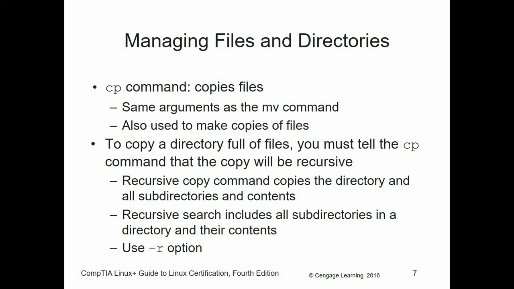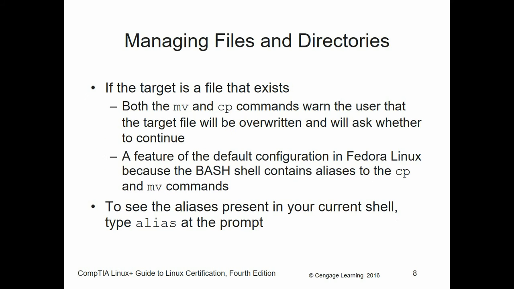The cp command, which copies files, takes the same arguments as the mv command, and is also used to make copies of files. To copy a directory full of files, you must tell the cp command that the copy will be recursive. To copy the directory and all the subdirectories and content, you need to use the cp -r option.